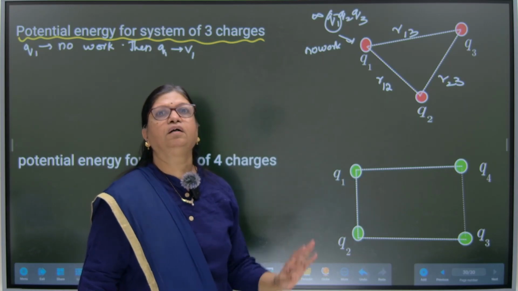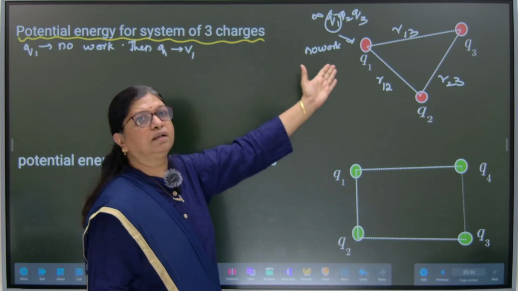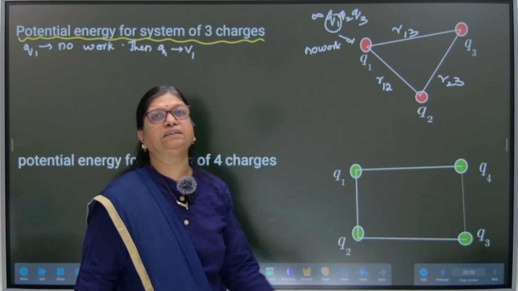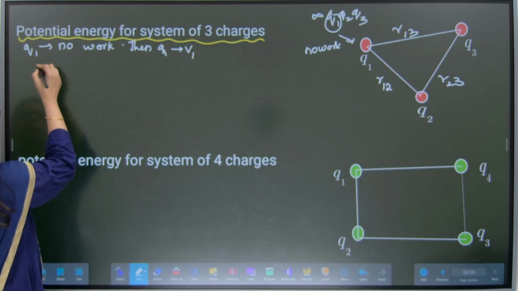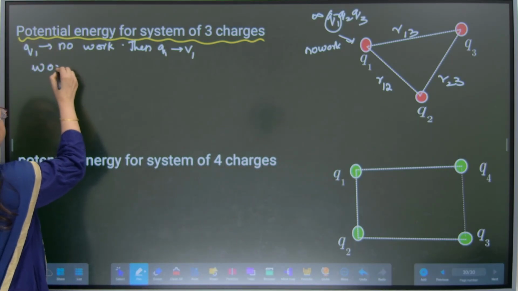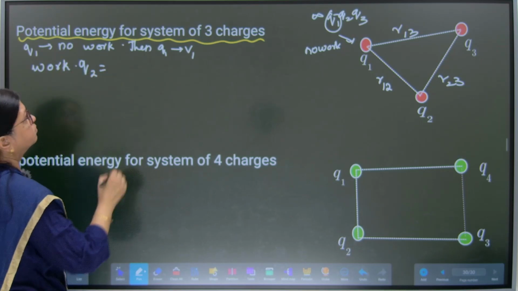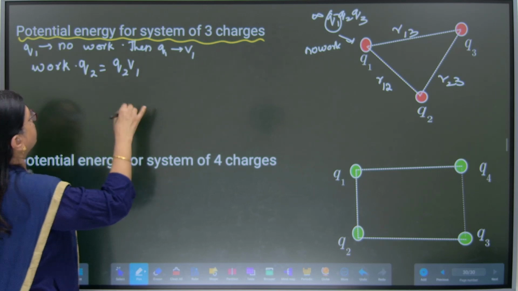Agreed? Then what is the potential energy when I bring Q2? While bringing Q2, I have to do work on Q2. How much? Q2 times V1. So what is that answer?